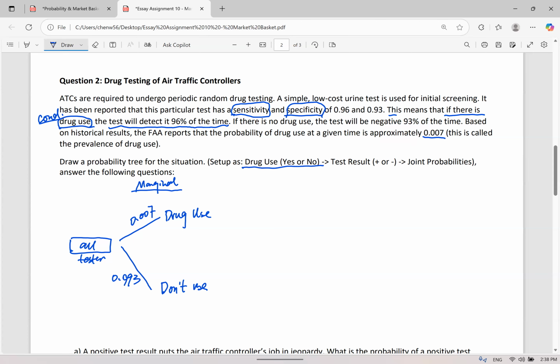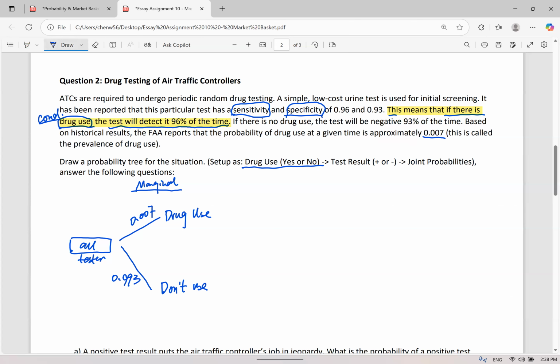Now next, focusing on their test results. Let's say for this sentence: if there is drug use, then the test will detect it 96% of the time.